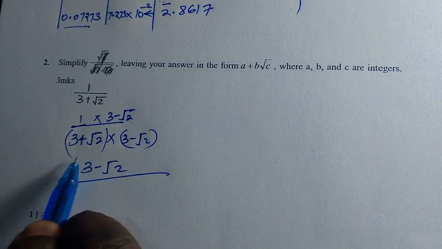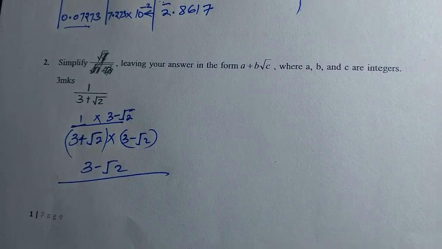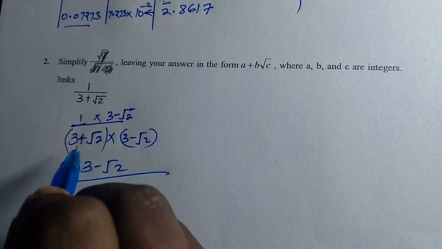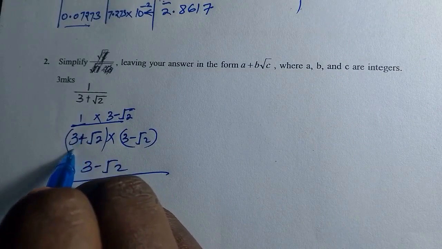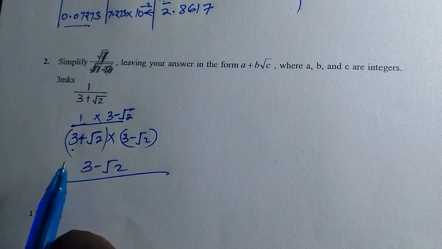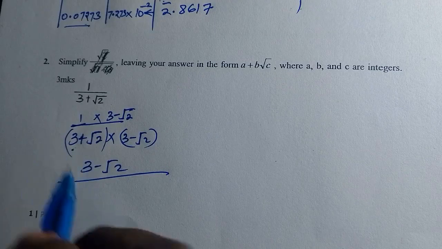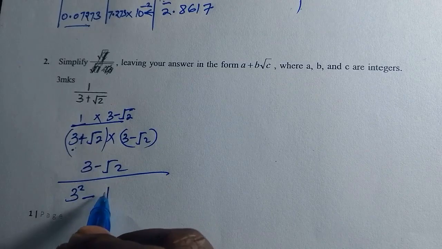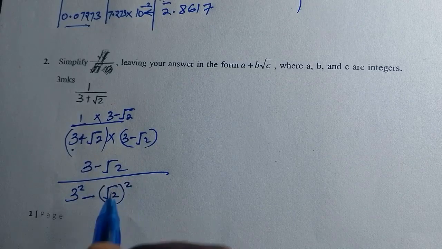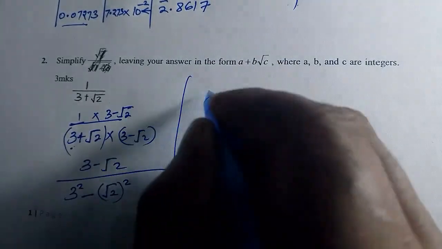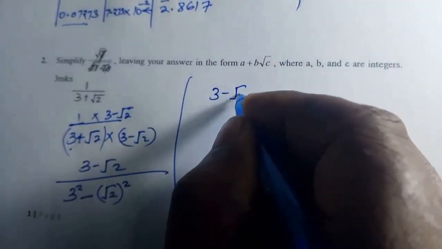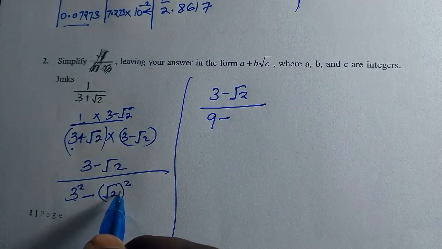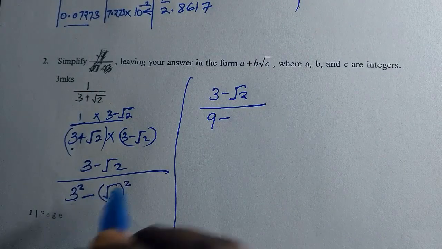the denominator. The denominator, this is a difference of two squares, right? So this means take the first term, that is 3, you square that, then subtract the square of the second. So the answer is going to be 3 minus root 2 over, this is 9 minus, when you square the square root disappears, so we will have 2.